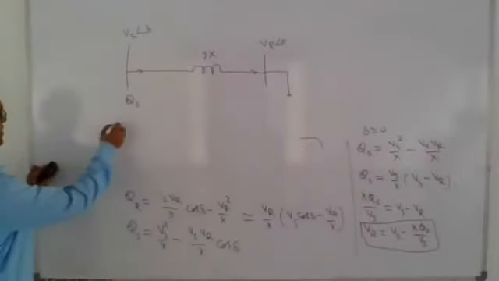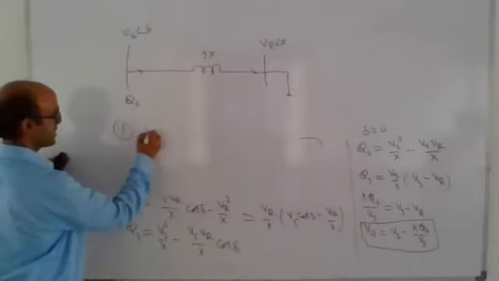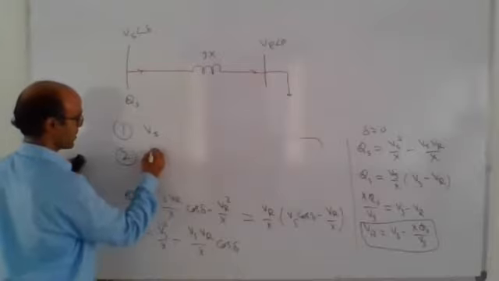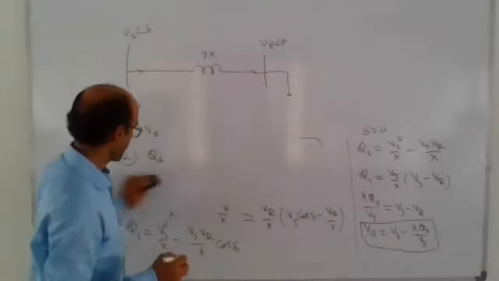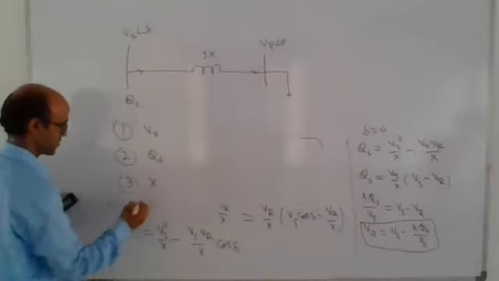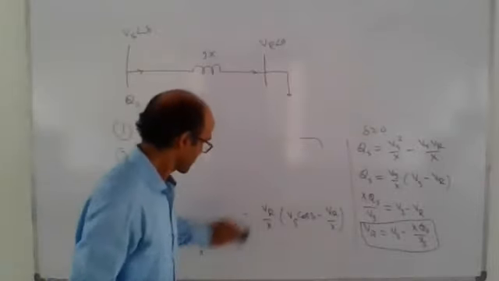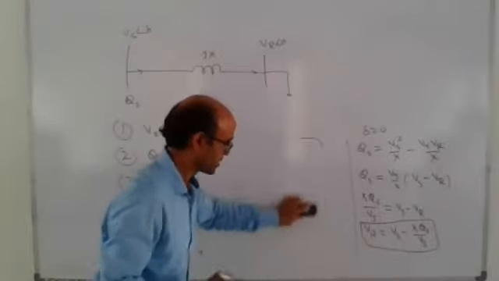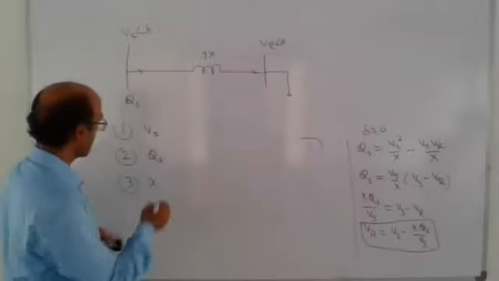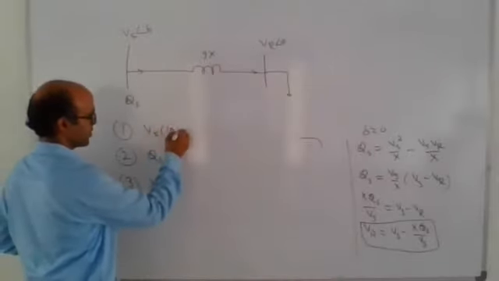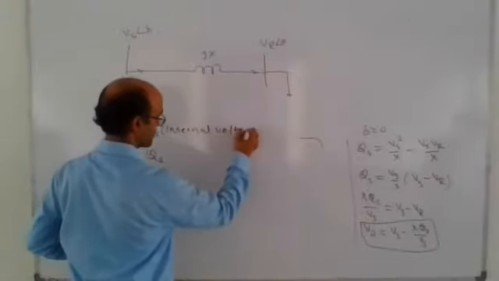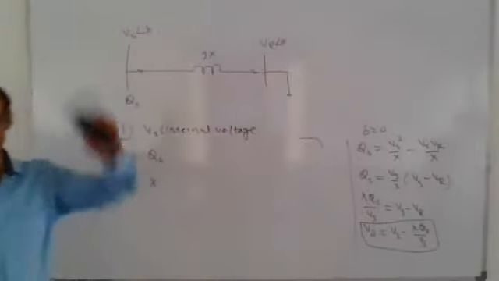First is by varying VS. Second is by varying QS. And third is by varying X. So there are 3 methods to control the receiving end voltage. This is called internal voltage control, or excitation control.